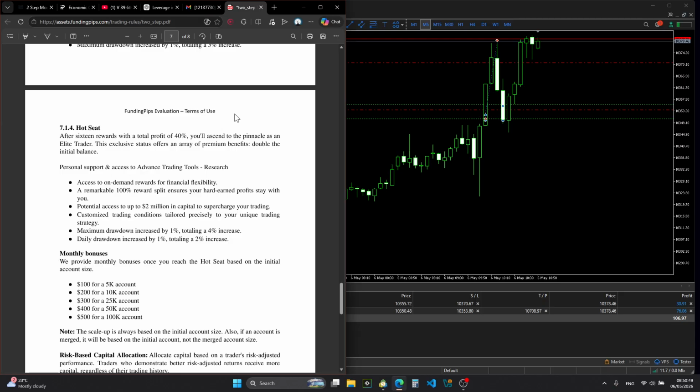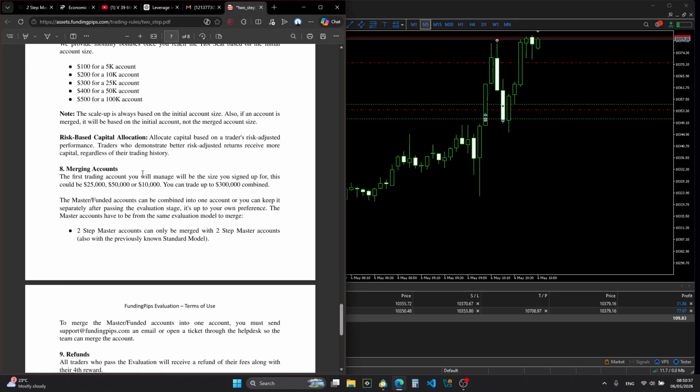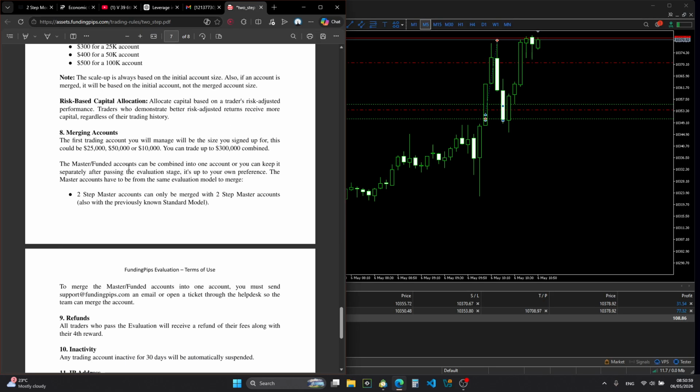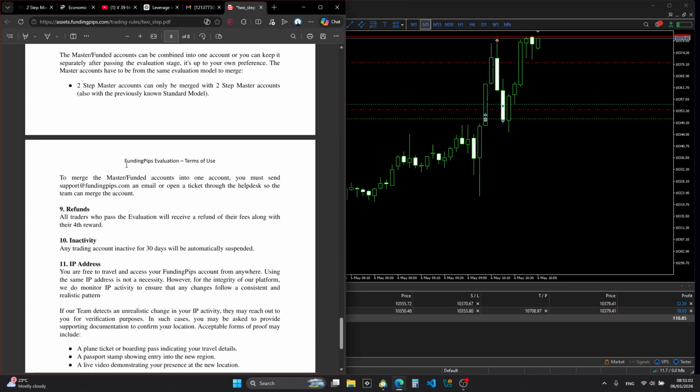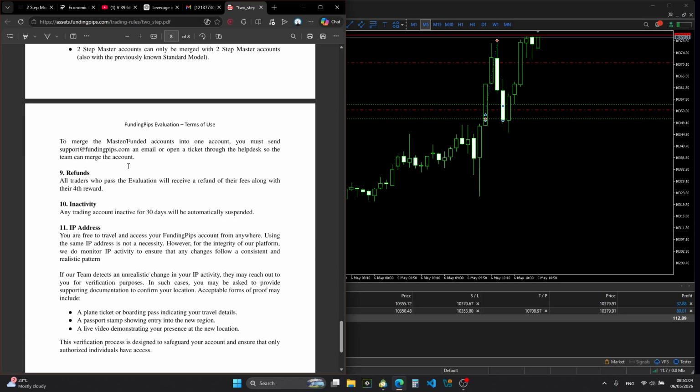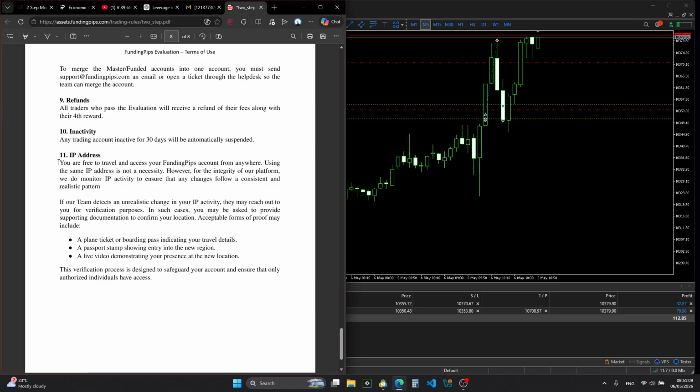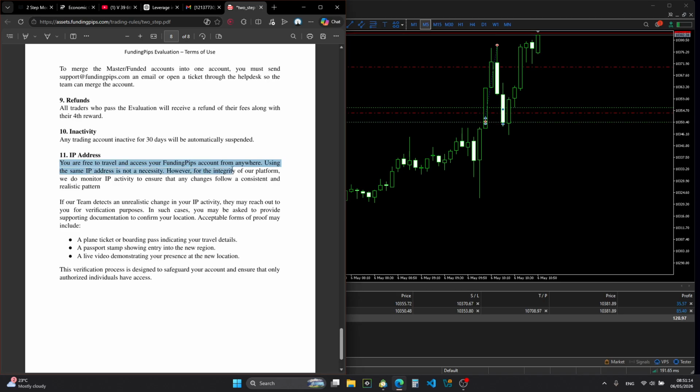40%. Executive status offers. Activity: you are free to travel and access your account, and using the same IP address is not necessary. However, for the integrity of our platform, we monitor IP activity to ensure any changes follow a consistent and realistic pattern.